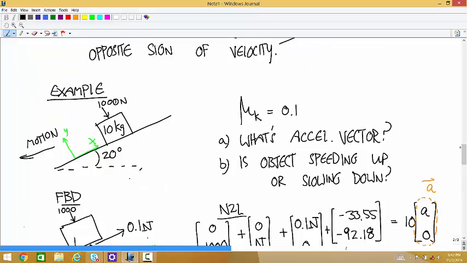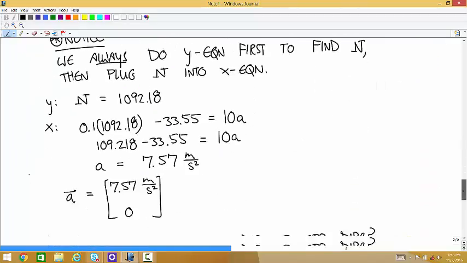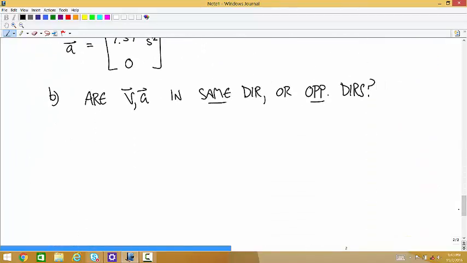And the motion says the velocity is in the negative x direction. So the acceleration vector is like that. The velocity vector is like that. So it's slowing down.